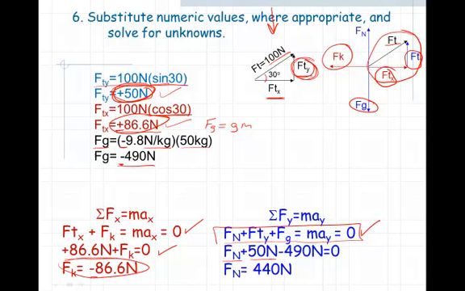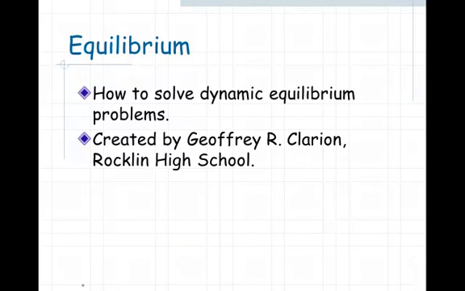And FG is a negative 490 newtons, so we plug that in as negative 490 newtons. And our normal force, or the force that the surface applies to the block, is 440 newtons. And that's how we solve at least one example of dynamic equilibrium.